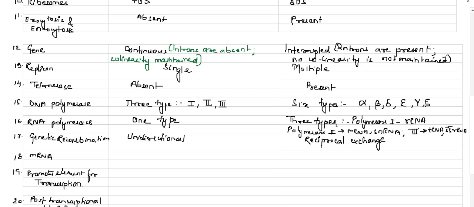Next is mRNA. So you can remember prokaryote starts with P, polycistronic starts with P. In prokaryotic organisms, these mRNA are polycistronic. Okay, but in eukaryotes, they are monocistronic.